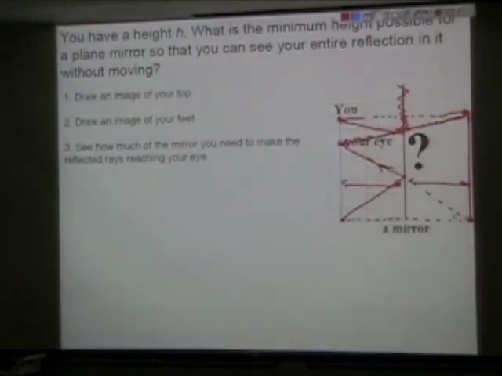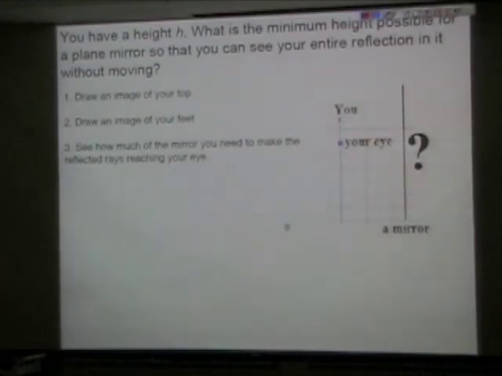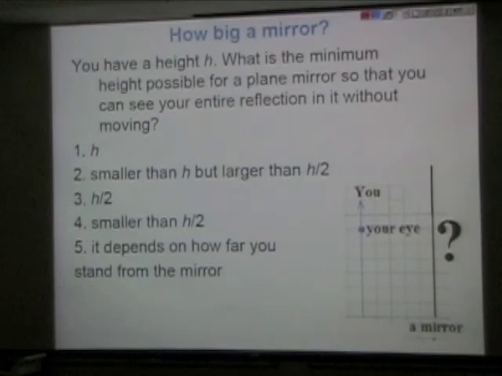This part represents the extension of this ray, which is supposed to again cross at this point, at the location of the image of the feet. So anything below this doesn't matter. Now, please answer your question.